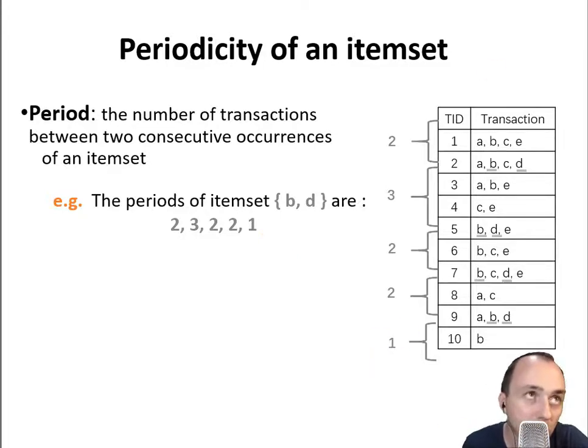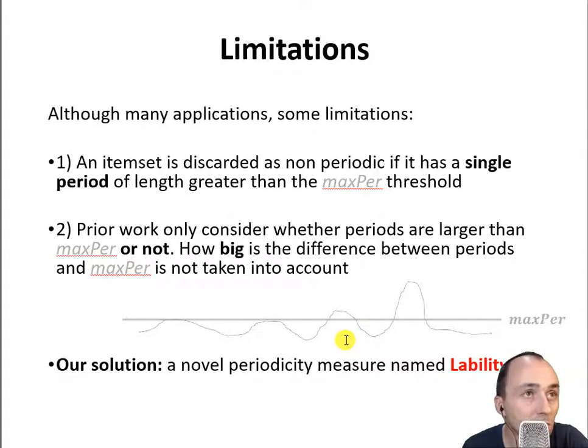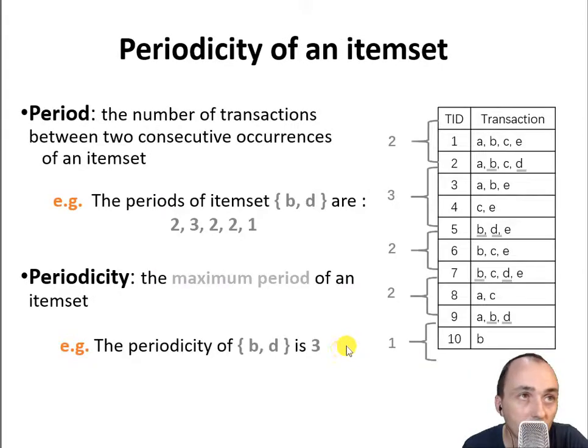Okay, so in the traditional problem, they want to find the maximum period of the item set. So for BD, we look at the maximum between 2, 3, 2, 2, 1. The maximum is 3. Now, in the traditional problem, they say that an item set is periodic if the maximum is never greater than some threshold set by the user.